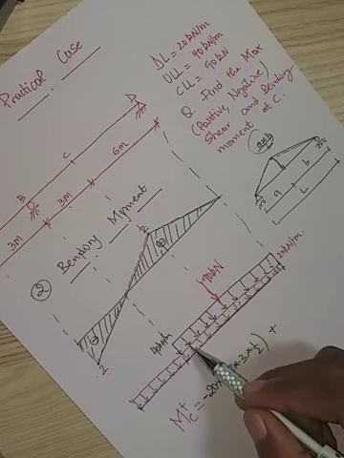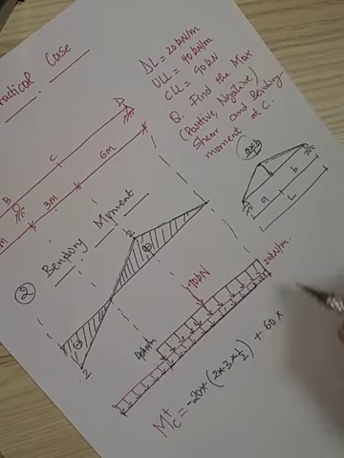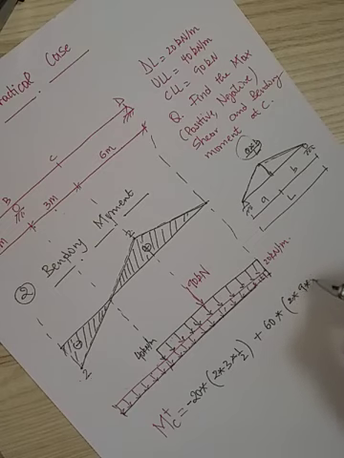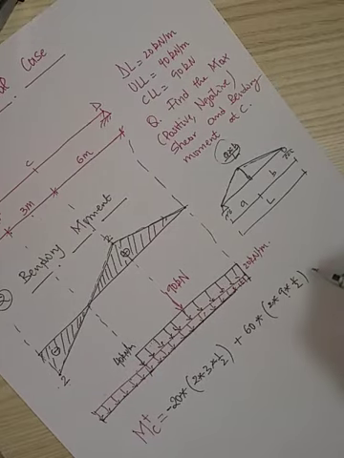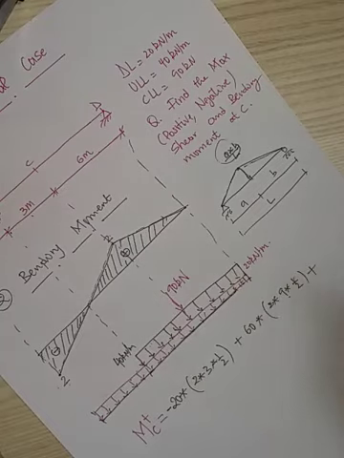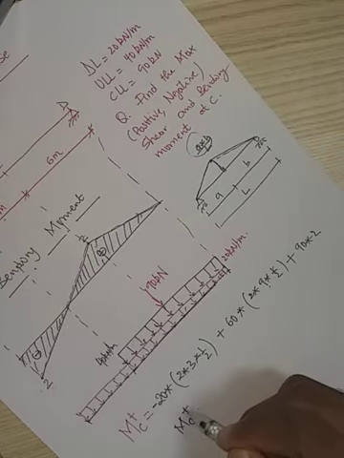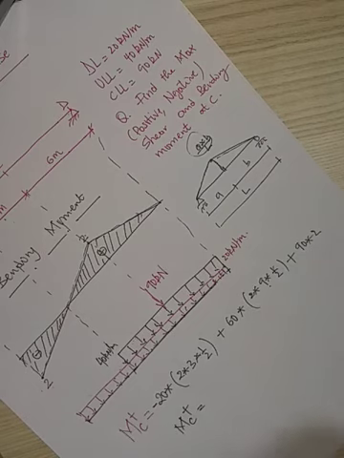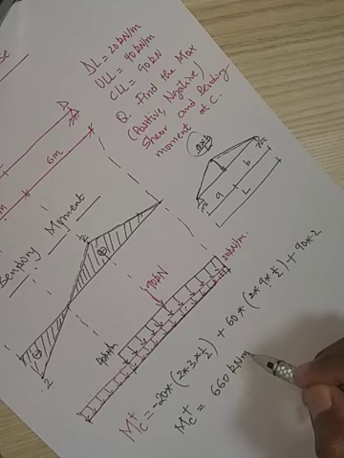Plus these two distributed loads combined together, we get 60 kilonewton per meter times the area under the applied distributed load: 2 times 9 times half. The 9 is the length and the half is the formula for the triangle. Plus the 90 kilonewton that is applied at the height, 90 times 2. After doing this, we get the maximum positive bending moment at the cross section C equal to 660 kilonewton meter.